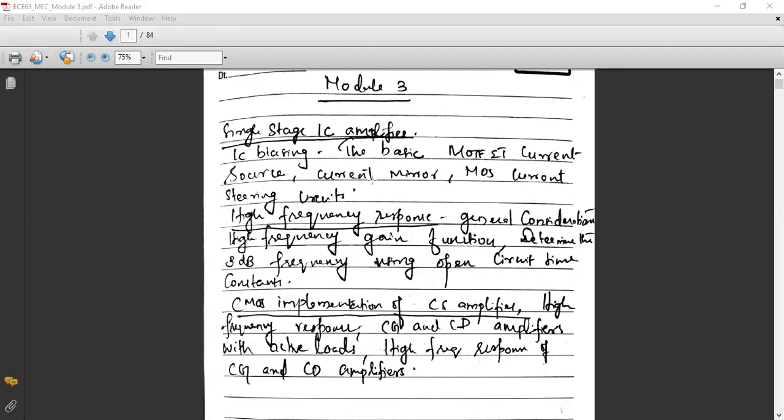Later we will discuss the difference between the current source, current mirror, and current steering circuit in detail. For now, just keep in mind that these are basically used for biasing an integrated circuit.